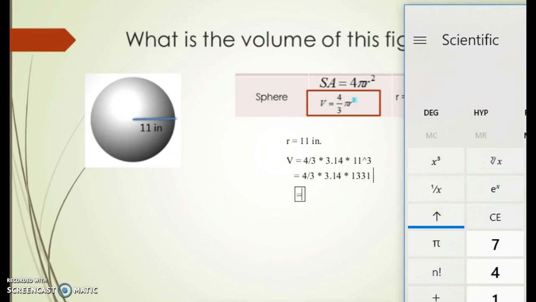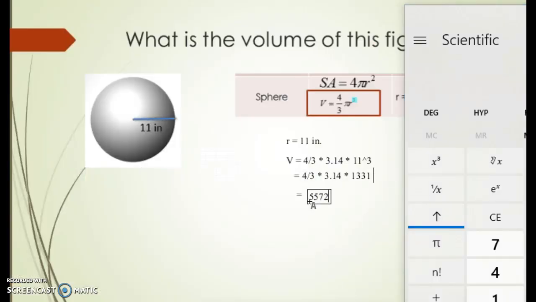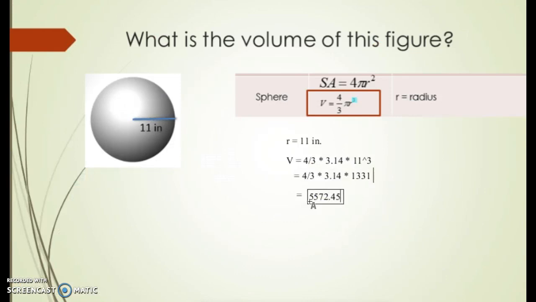I choose to do times 3.14 times 4 divided by 3, and my answer is 5572.45. And this is volume, so again, this is going to be inches cubed.